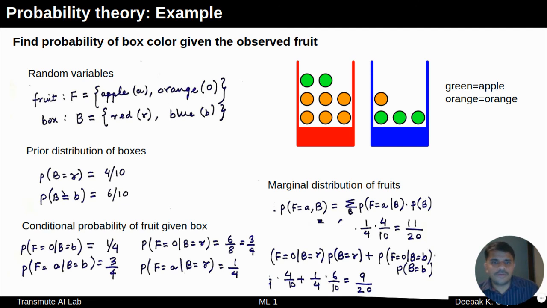Now, we compute the marginal distribution of fruits. First we want the probability of fruit being apple, and we marginalize across the box. I think I made a mistake here.